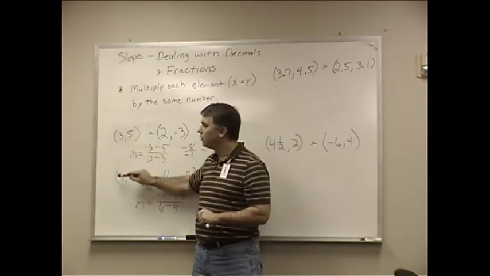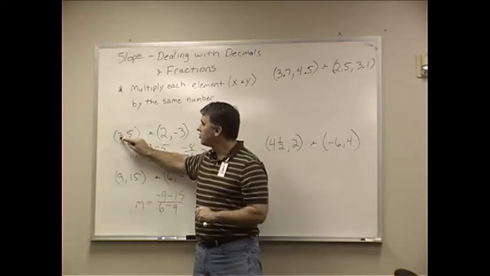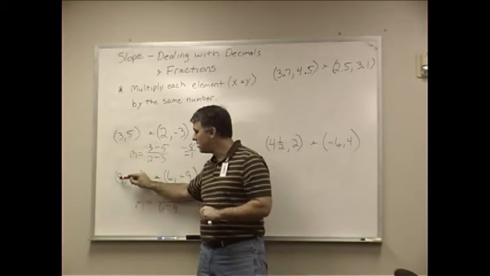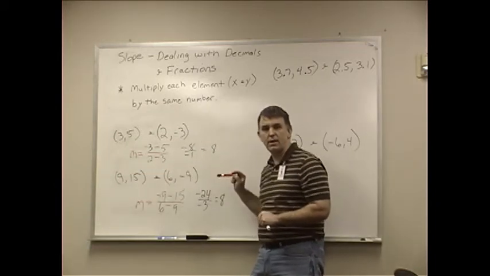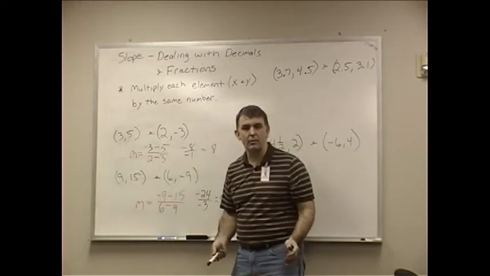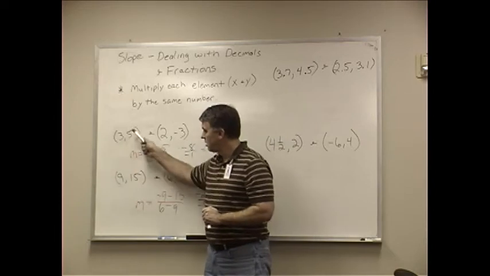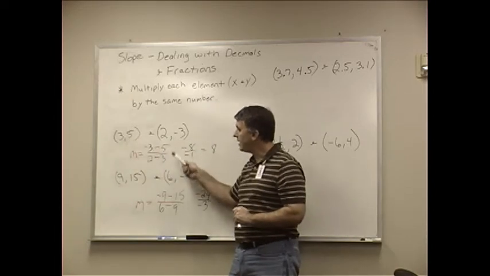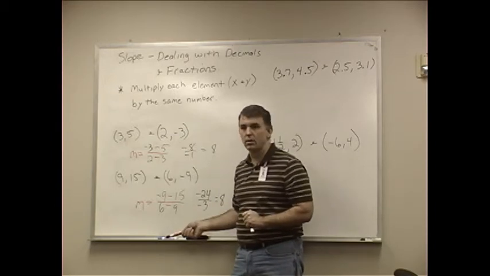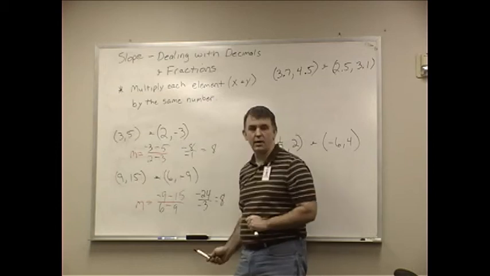I hope you're looking at it and saying, hey, I could take each one of these and multiply by 3 and get each one of these. Now this is not a formal proof. It's just meant to be a demonstration to show you that if you multiply each element, each x and each y, by the same number, when you calculate the slope, it will end up being the same.